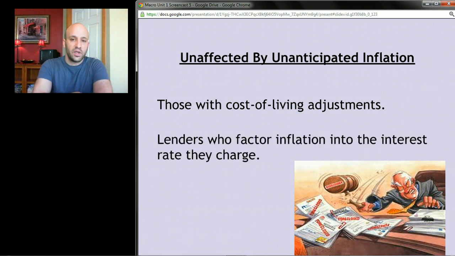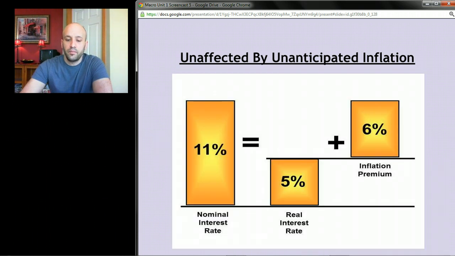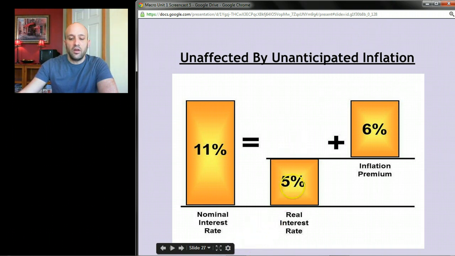So lenders, for example, who factor inflation into the interest rate they charge will also be compensated for changes in prices. I'll give you an example. Let's say that you're a lender and you want to charge 5% interest. That's what you really want to earn. But let's say you also know that inflation is happening at 6%. Prices are rising at 6%. If you want to really earn 5% interest, you're going to have to charge a higher interest rate to account for that inflation.